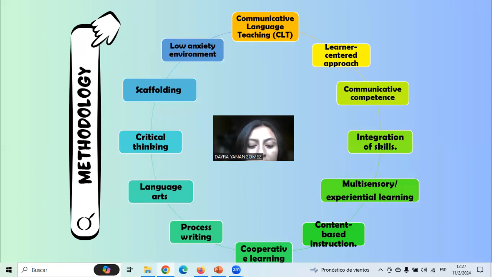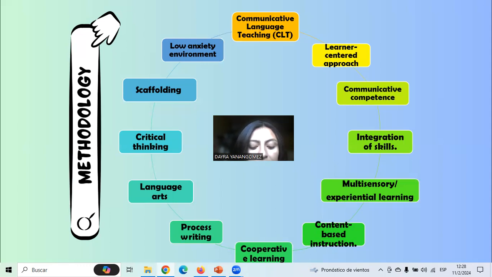Cooperative learning: in this case, the teacher can use pair work, group work, and collaborative projects. Process writing: writing as a process rather than a product is emphasized. Language arts: activities like creative writing, drama, and arts are used to develop creativity.